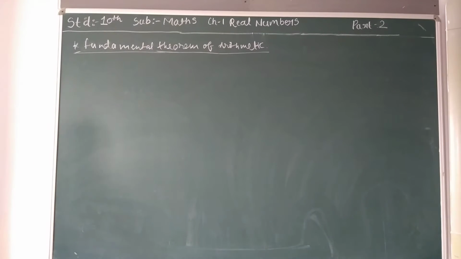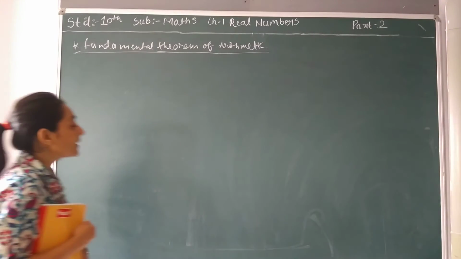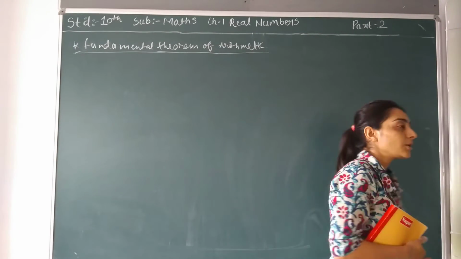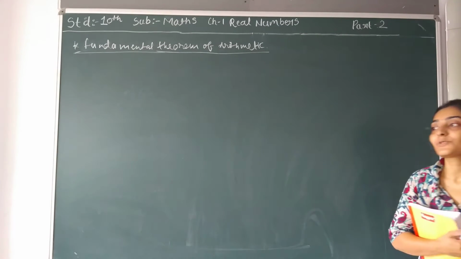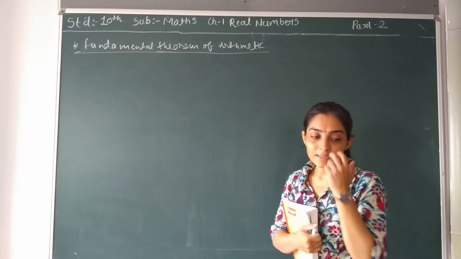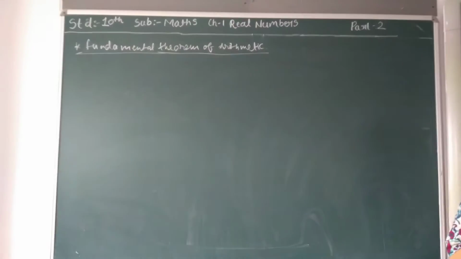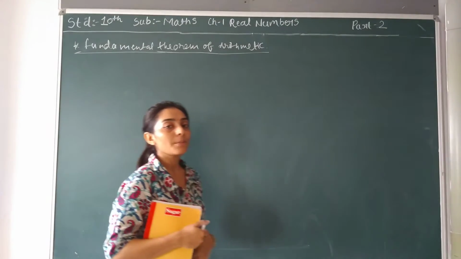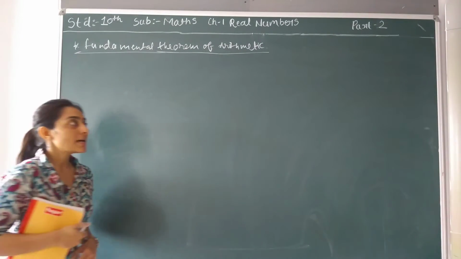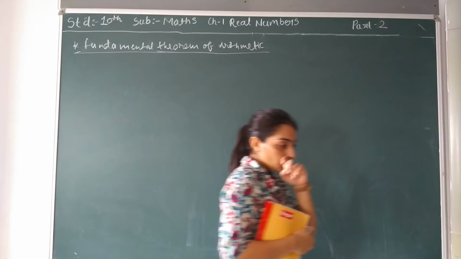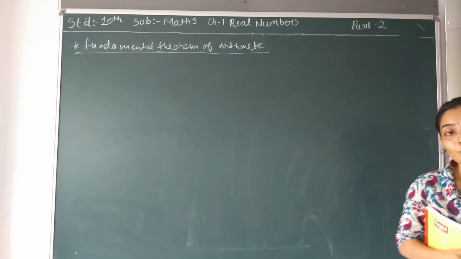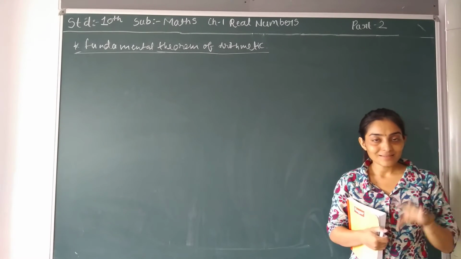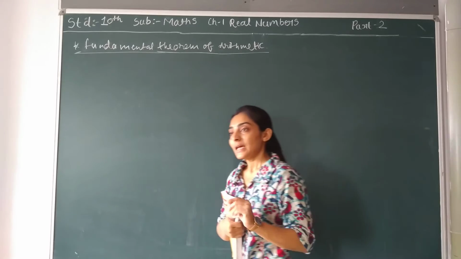In the introduction, we saw that the fundamental theorem of arithmetic is nothing but prime factorization. What is a prime number? A prime number has only two factors: the first is the number 1 and the second is the number itself.